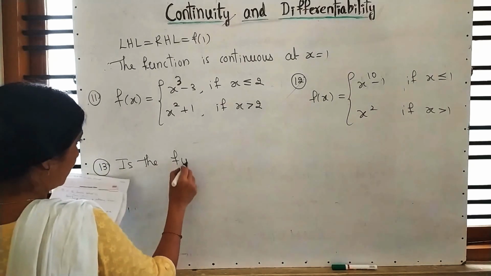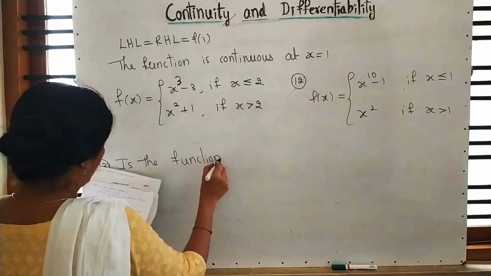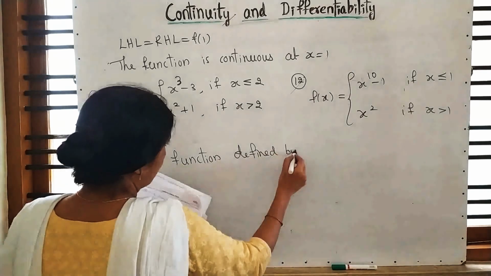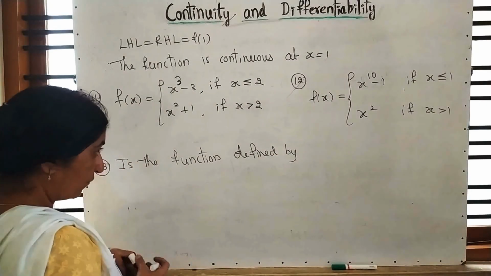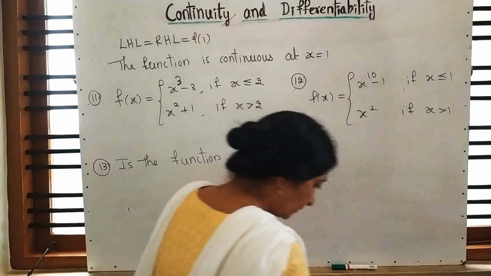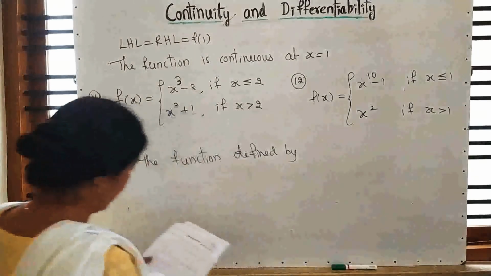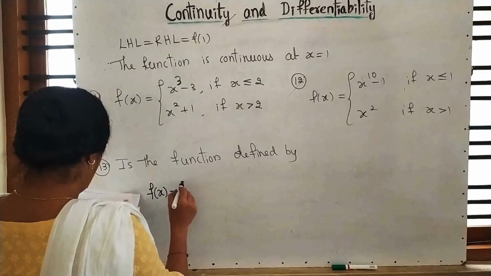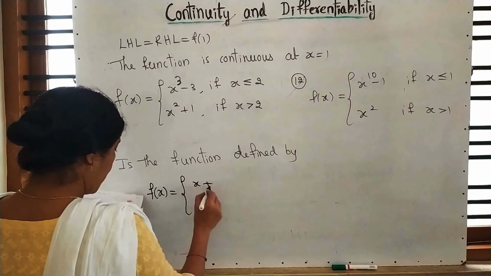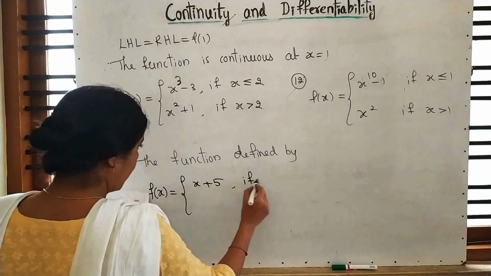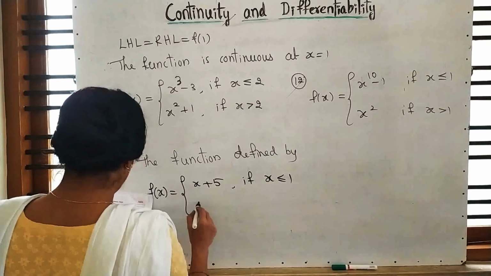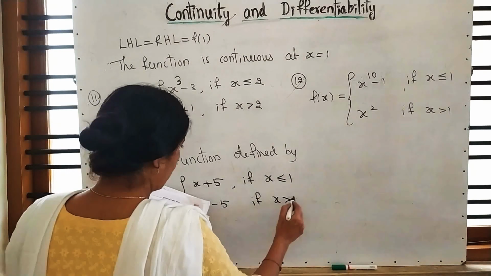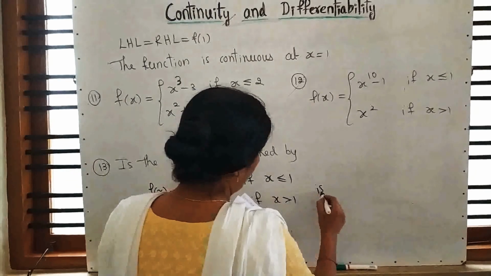Is the function defined by f of x is equal to x plus 5 if x is less than or equal to 1, x minus 5 if x is greater than 1 a continuous function?